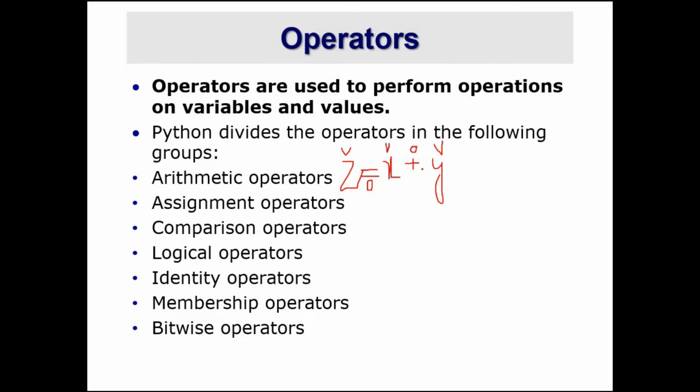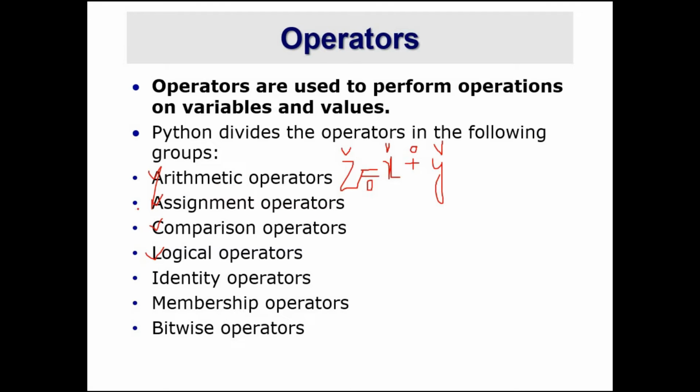All these are assignment operators. Then we have comparison operators, logical operators, identity operators, membership operators, and then bitwise operators. Mostly we deal with arithmetic, assignment, comparison, and logical operators. So these four are the most common.